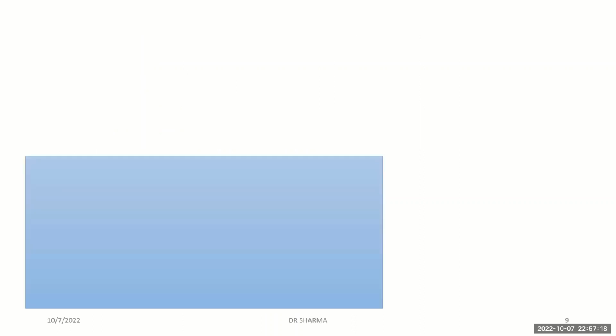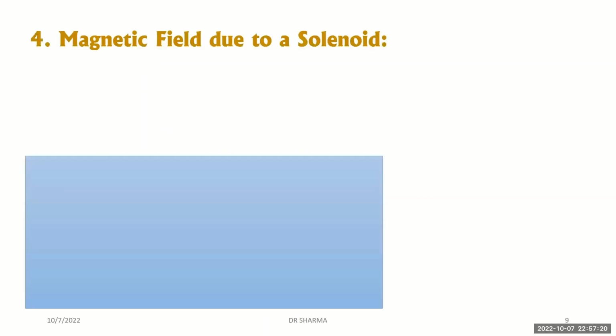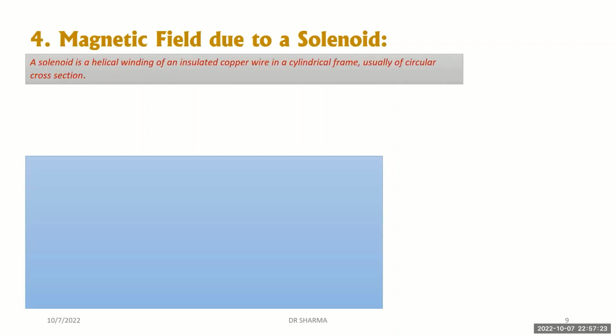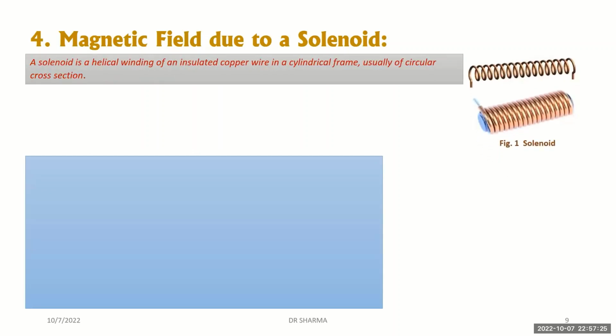Now let's go to the next application of Biot-Savart law, magnetic field due to a solenoid. A solenoid is a helical winding of an insulated copper wire wound on a cylindrical frame, usually of circular cross section, as shown in figure 1. Now we are going to calculate the magnetic field inside a long solenoid.